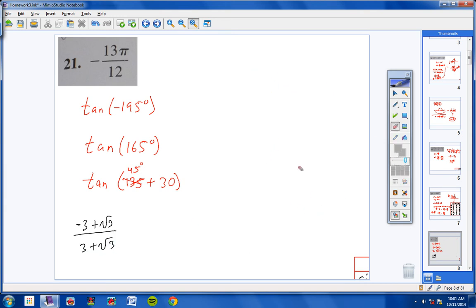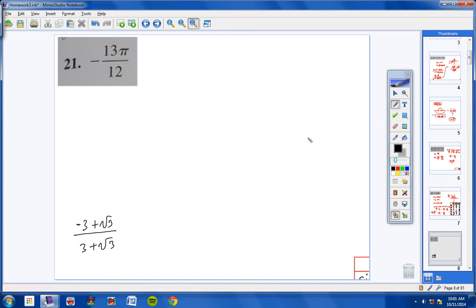And let's quickly simplify this and we'll be finished, okay? Take your middle sign here and change it to a negative. So we're going to multiply the top and the bottom by 3 minus square root of 3, and you'll come up with 3 times 3 is a negative 9. That'd be a positive 3 square root of 3. Positive 3 square root of 3. Positive times negative is negative. Square root of 3 times square root of 3 is 3.